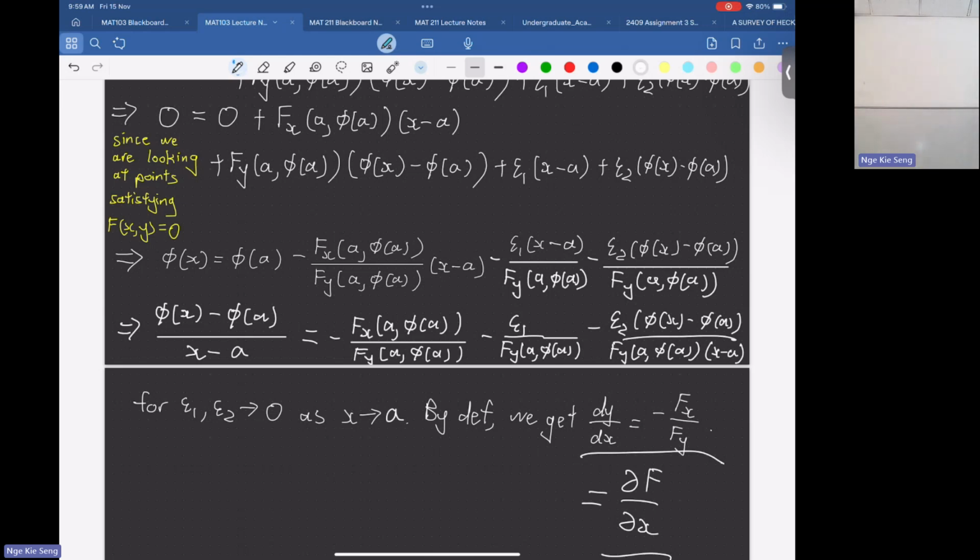So in the next hour, we are not just looking at directions in x and y anymore. We can look at every direction. This is called the directional derivative.